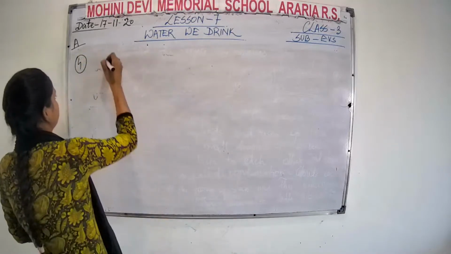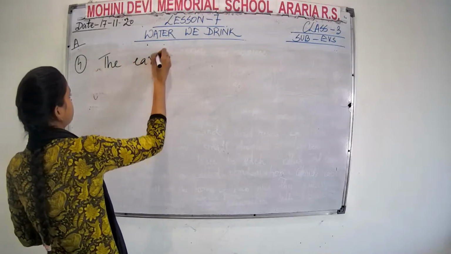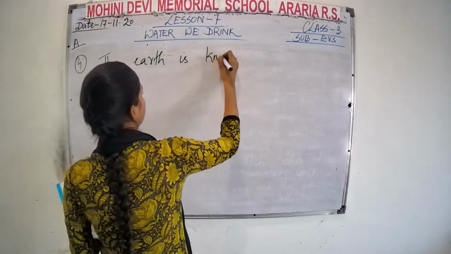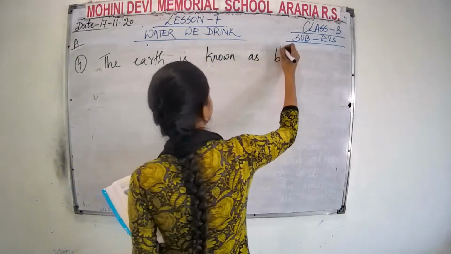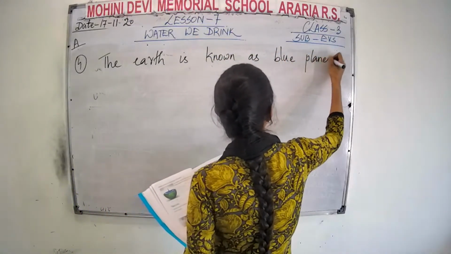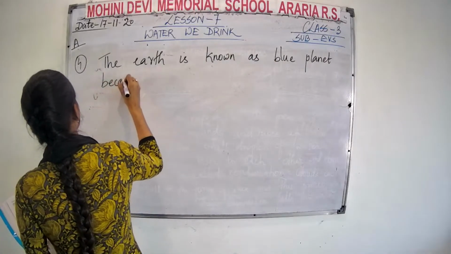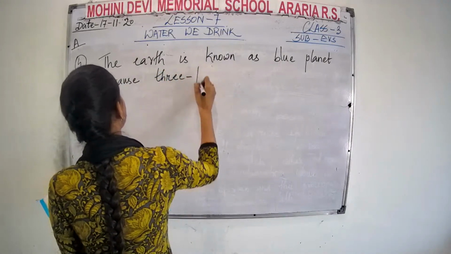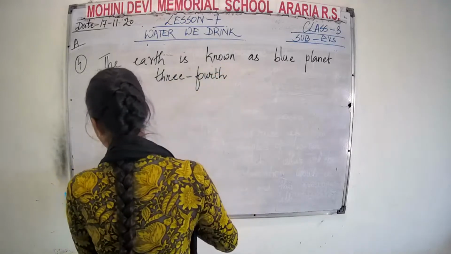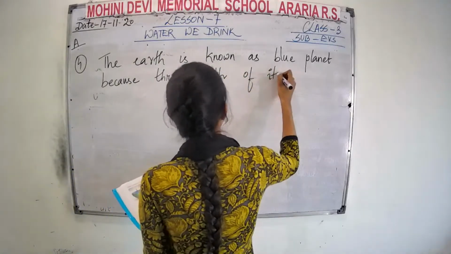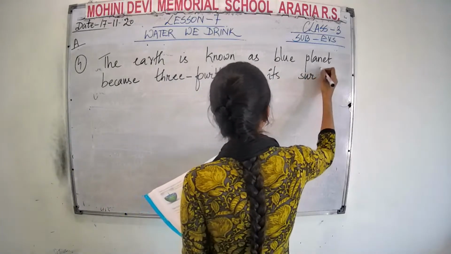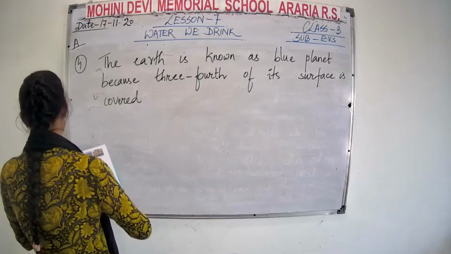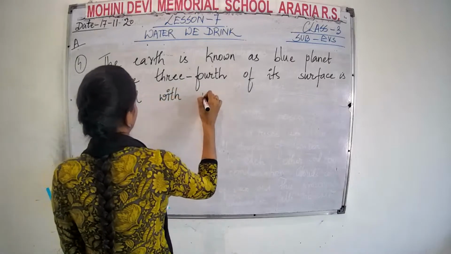So the Earth is known as the blue planet because three-fourths of its surface is covered with water.